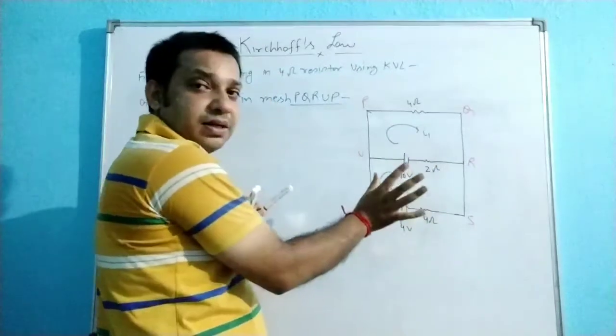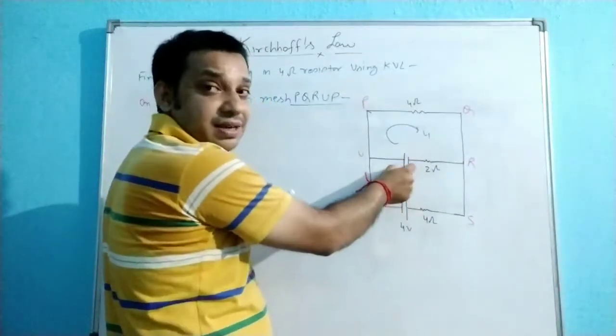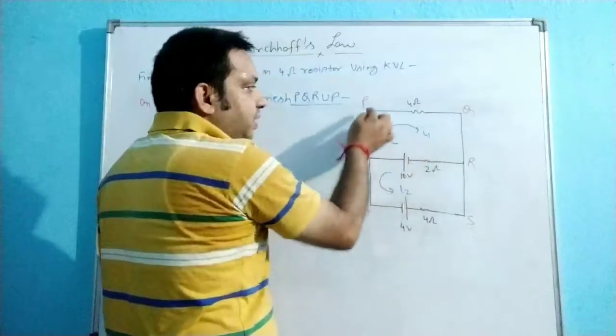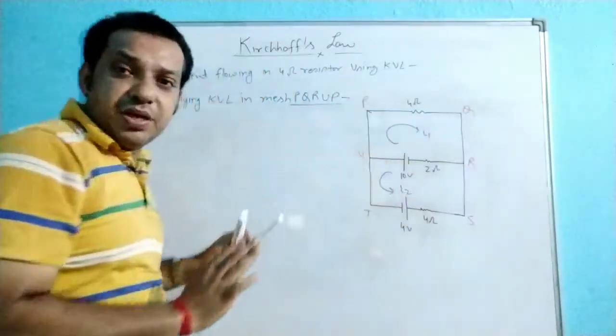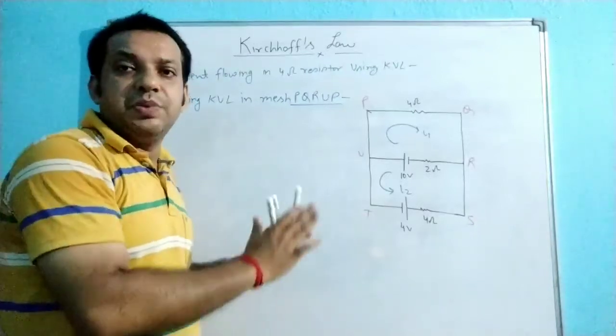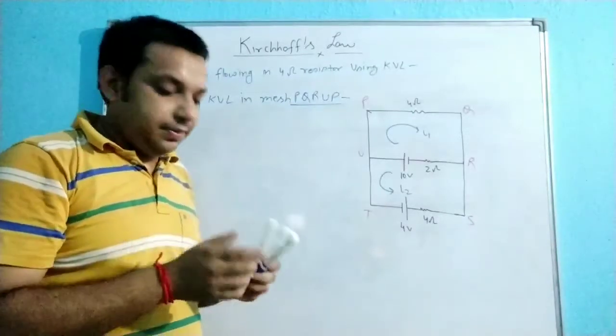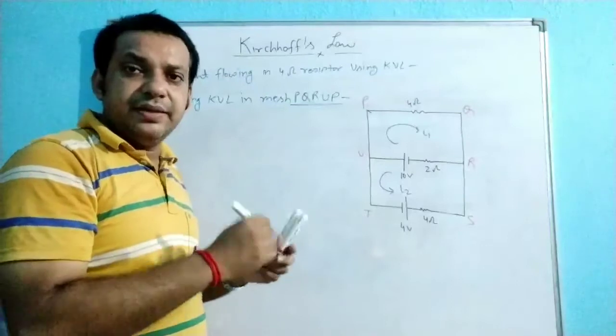Then there is the cell potential, and after that you reach this point P. So when you take the sum of all these three potentials, that value should be equal to 0. Right? So for that, I am writing the terms like this.